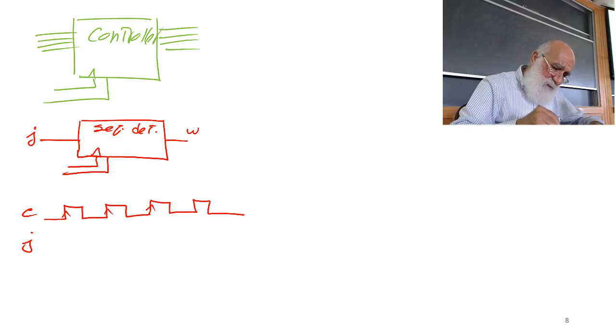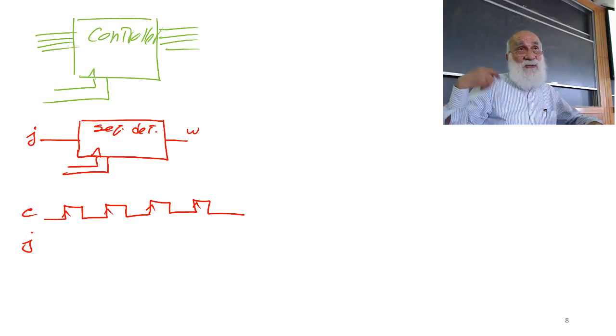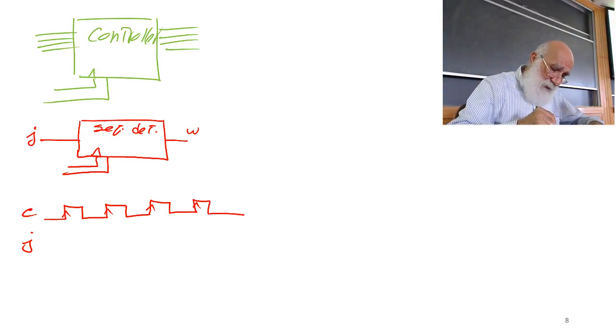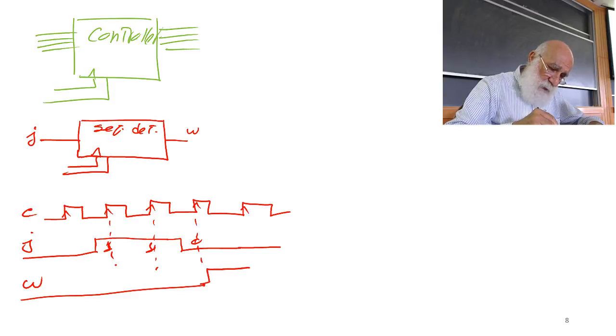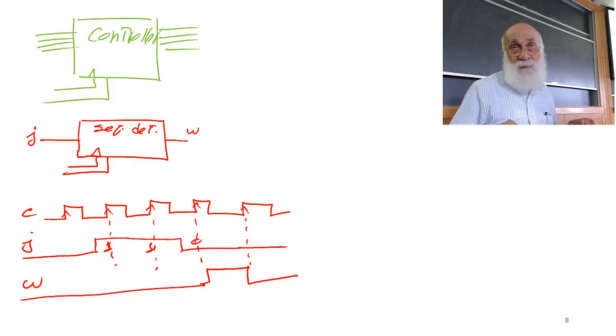If on 3 consecutive clocks, when I say consecutive clocks, I mean on the rising edge of 3 consecutive clocks, if my input is 1 1 0, my output W becomes 1, stays 1, cleared through the next rising edge of the next clock. That's the circuit I want to design.